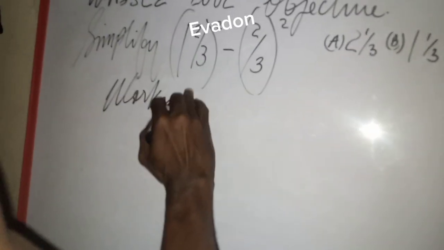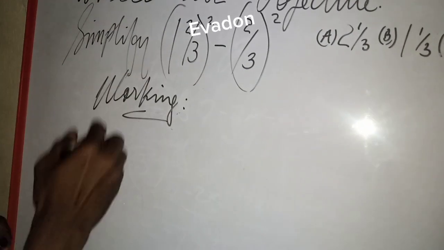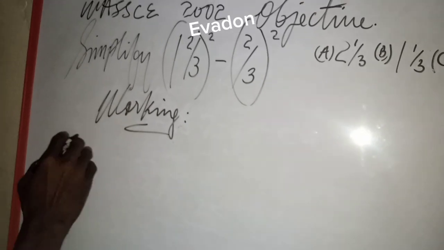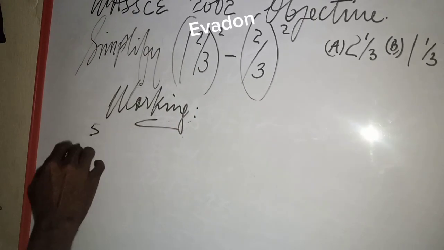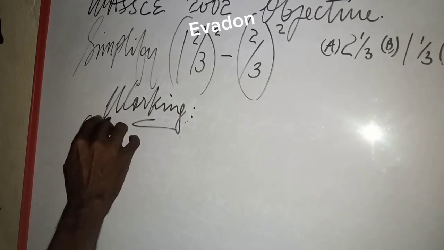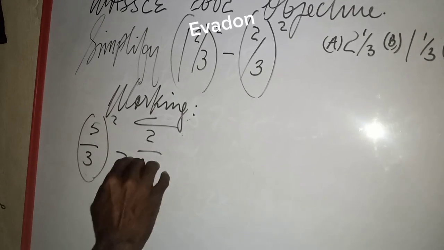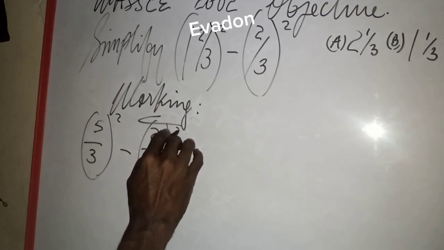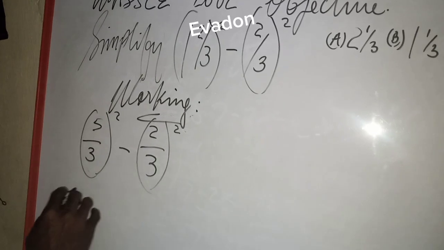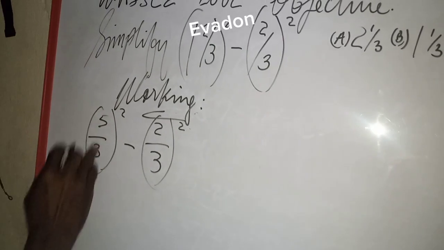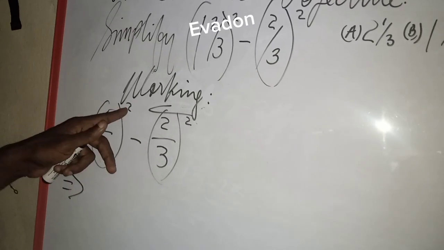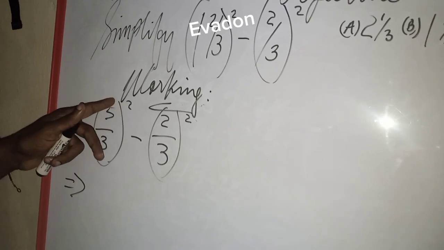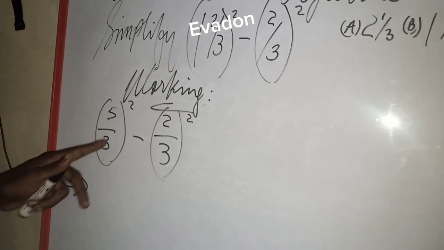Without wasting much time, we change to improper fraction. So we have 3 times 1 plus 2, which is 5 over 3, all squared, minus 2 over 3 squared. The square is affecting both the numerator and the denominator.